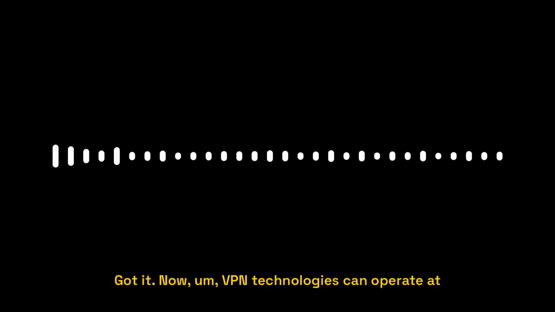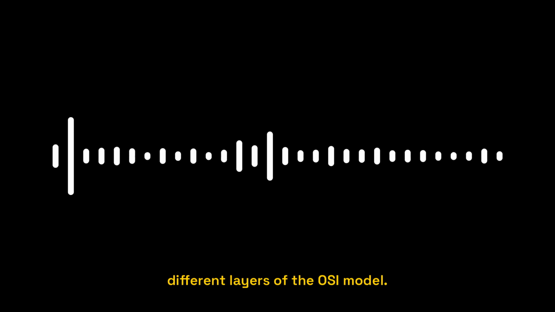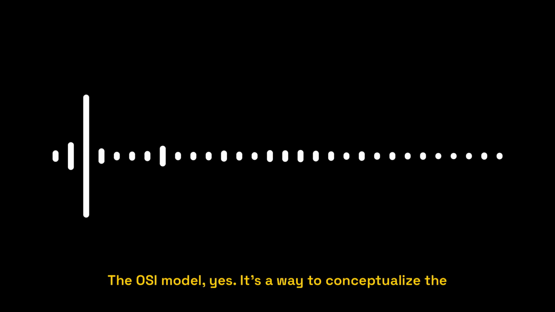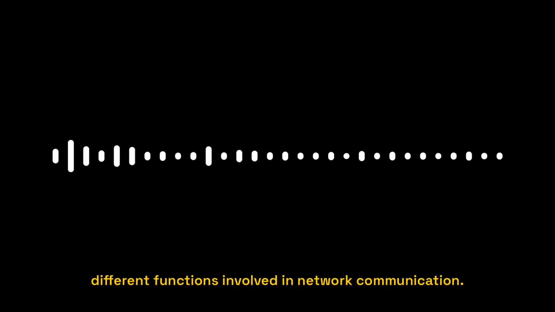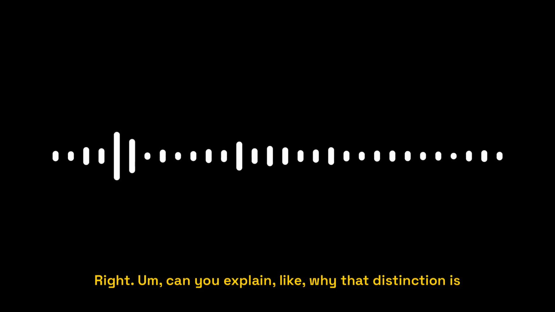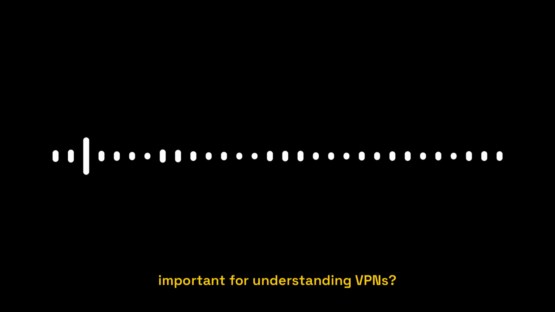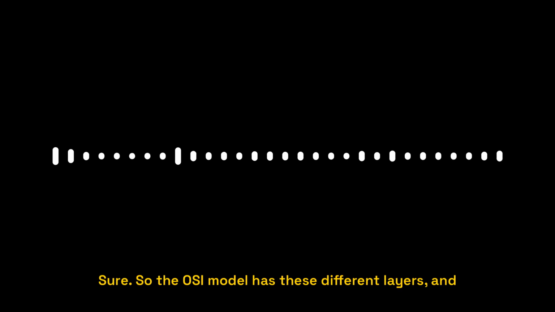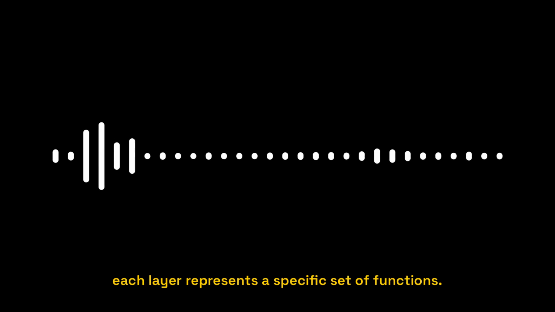Now, VPN technologies can operate at different layers of the OSI model. The OSI model, yes. It's a way to conceptualize the different functions involved in network communication. Can you explain why that distinction is important for understanding VPNs? Sure. The OSI model has different layers, and each layer represents a specific set of functions.